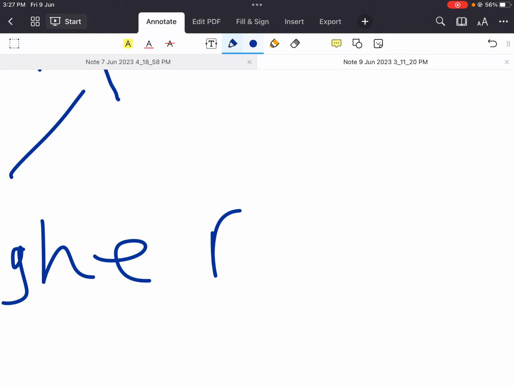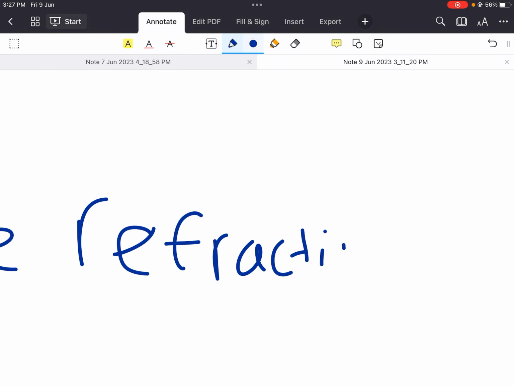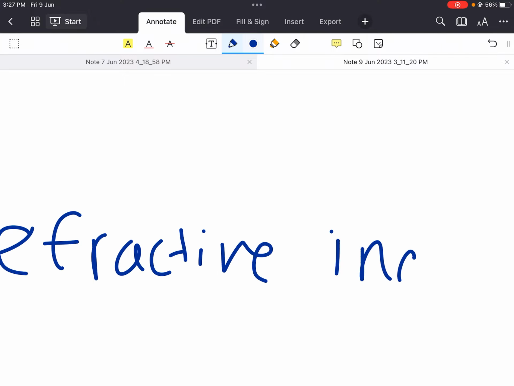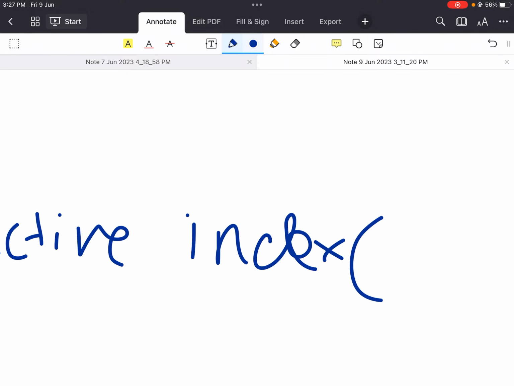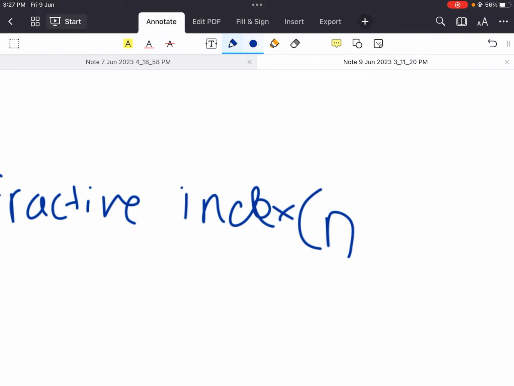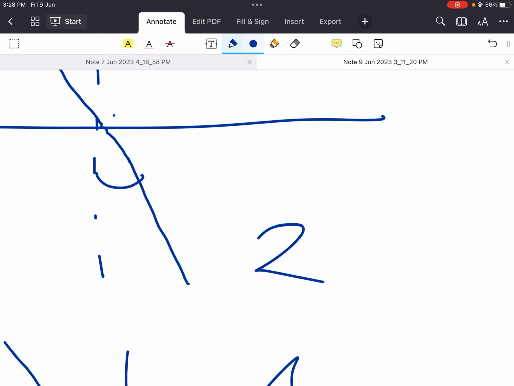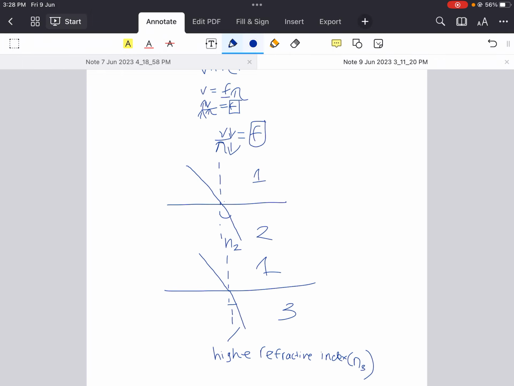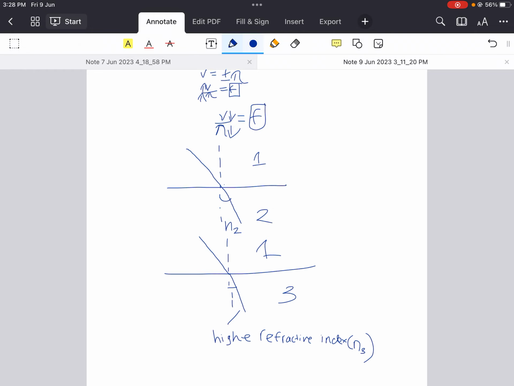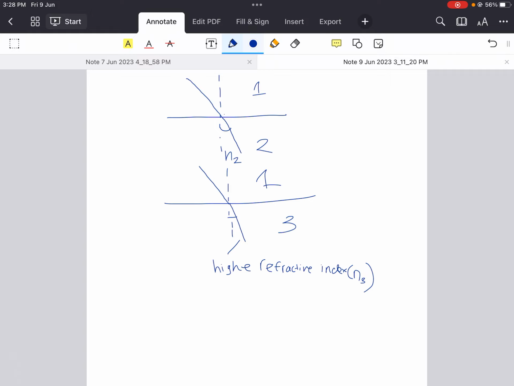Refractive index is essentially denoted by N. In this case it's medium 3, so N3. In this case you have medium 2, so it's N2. So how do you calculate refractive index? A lot of you must be wondering, how do you calculate this value?